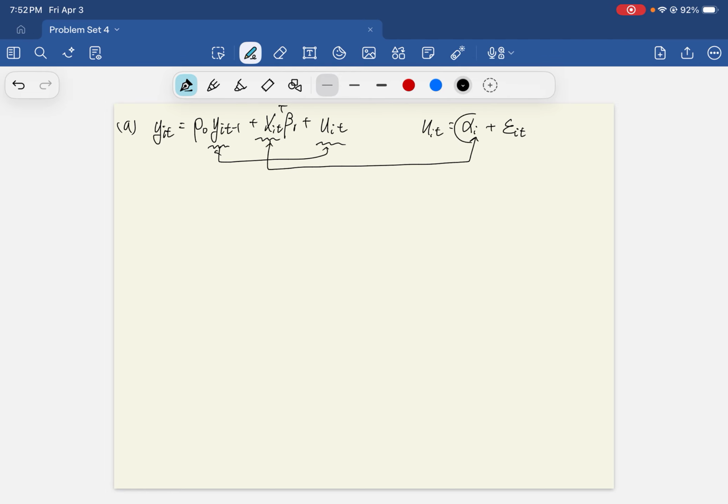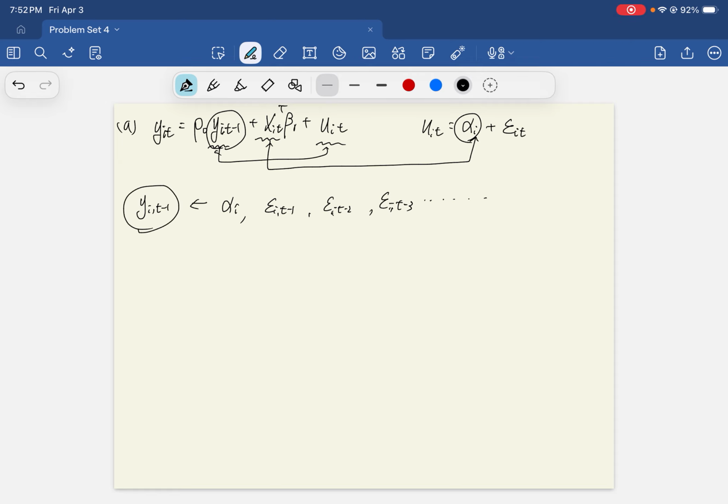Alpha may affect x because alpha is natural resources, cultural things, but more important is y_it. You can imagine that y_it is just an accumulation of alpha_i and epsilon_it minus 1, epsilon_it minus 2, epsilon_it minus 3, and all the past shocks are accumulated inside here.